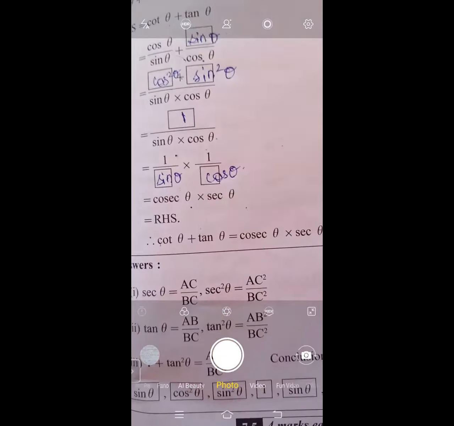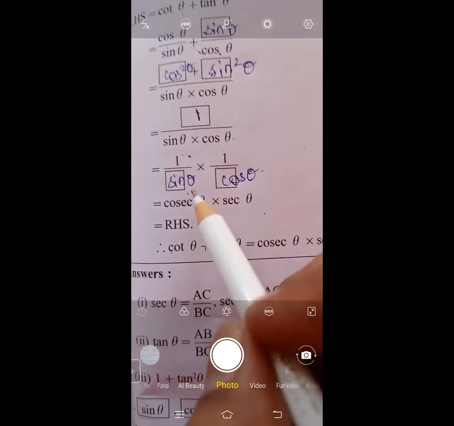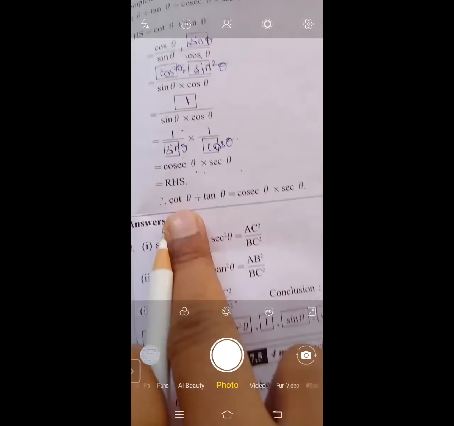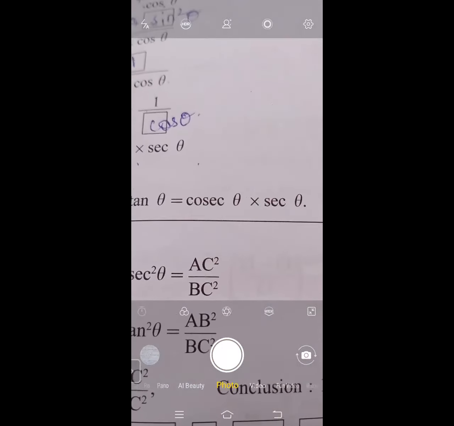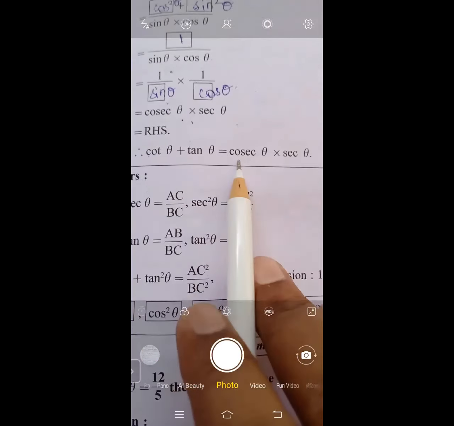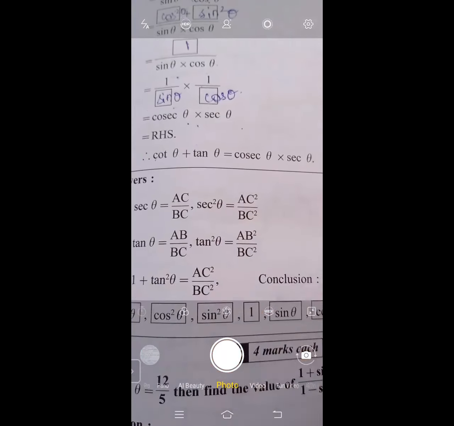It became cos square theta plus sin square theta, which is equal to 1, over sin theta into cos theta. We just separated the denominators, which became 1 upon sin theta into 1 upon cos theta. 1 upon sin is cosec theta and 1 upon cos is sec theta, which is the required RHS. So conclude your answer by writing the whole equation as it is, which is cot theta plus tan theta equal to cosec theta into sec theta.